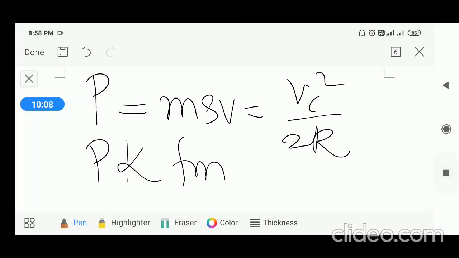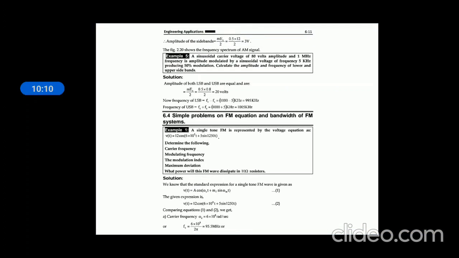Now we'll see what problems there are in FM. Simple problems on FM equation and bandwidth of FM systems. Example 1.